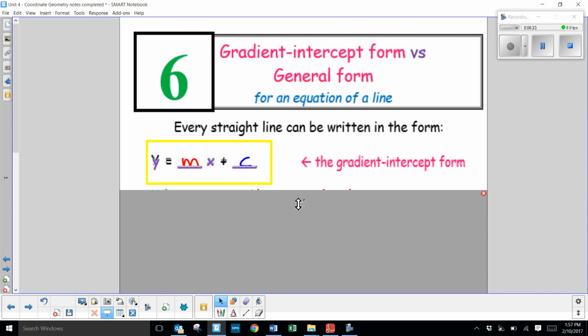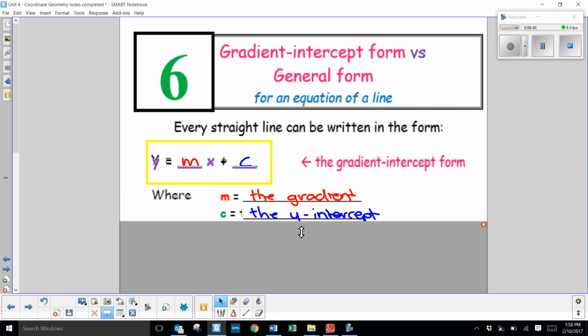The gradient is the coefficient of x, and the y-intercept is a constant term. So y equals mx plus c, gradient intercept form. So what does m equal again? That's right, m equals the gradient. And what does c equal? It's the y-intercept. So yeah, m is the gradient and c is the y-intercept.